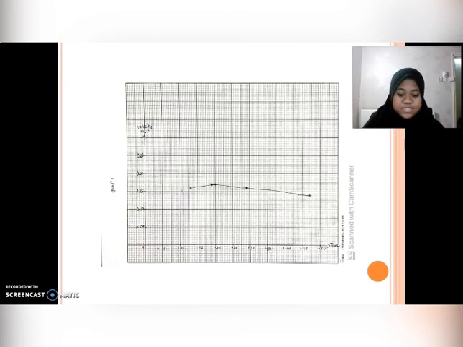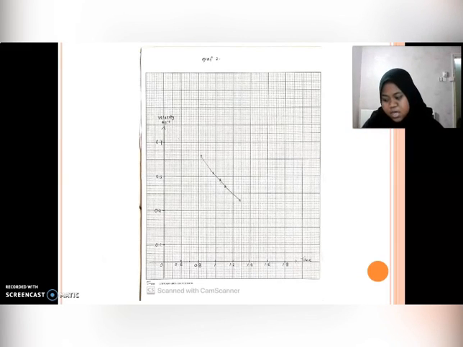And because of this, the velocity is almost horizontal. Therefore, the time taken is longer than test 2. And for the test 2, the graph decreases faster and the velocity is slightly lower as the height is 0.3 meter and the time taken is shorter than test 1.